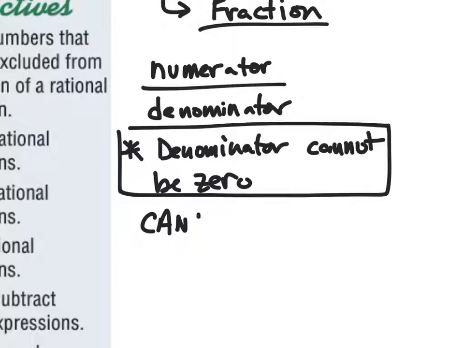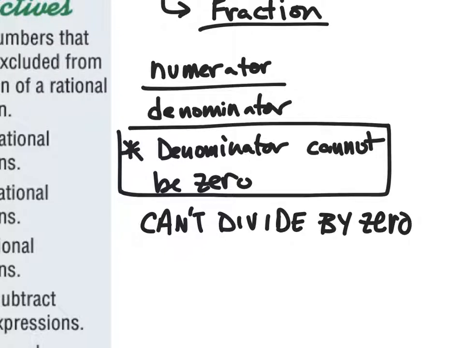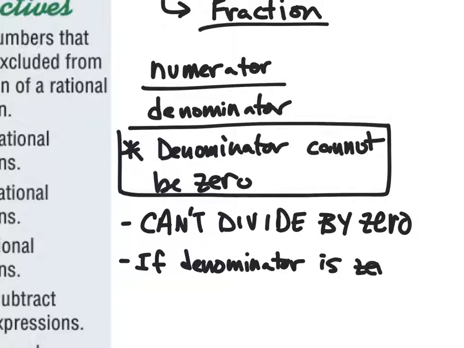So let's write that. You can't divide by 0. If the denominator is 0, then the value is undefined.